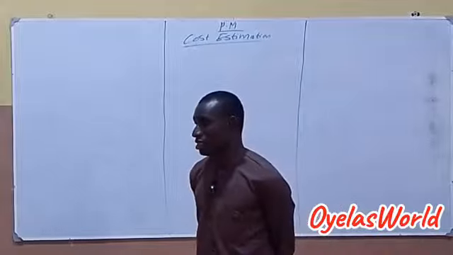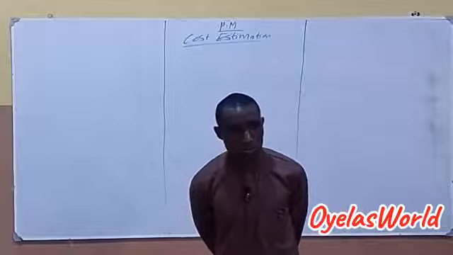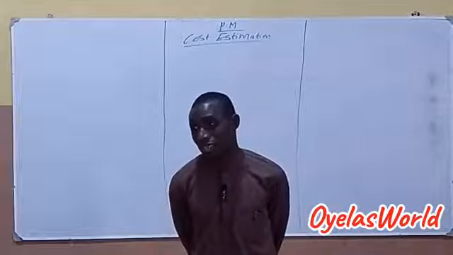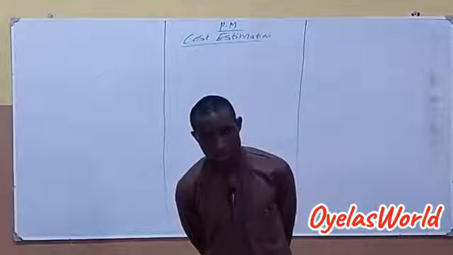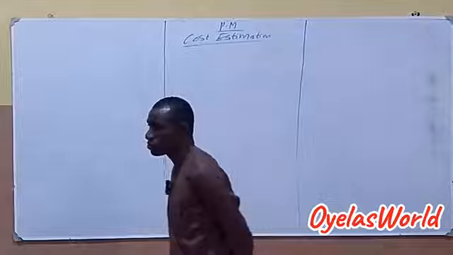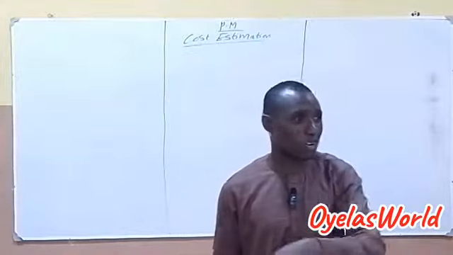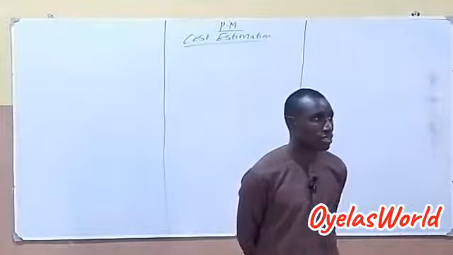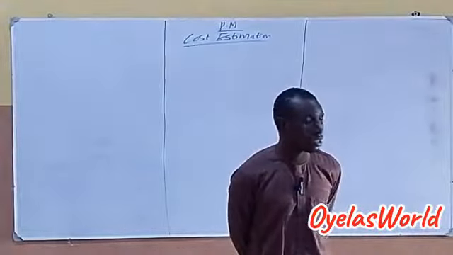Then we talked about cost analysis, which is just a process of classifying and estimating cost. And we went further to talk about cost classification, which is how to group costs based on certain parameters, certain factors. So we talked about that last week.